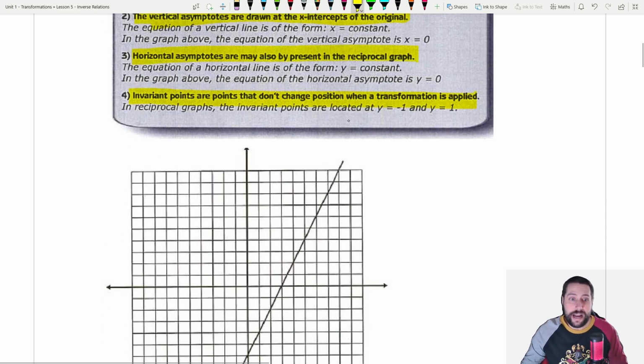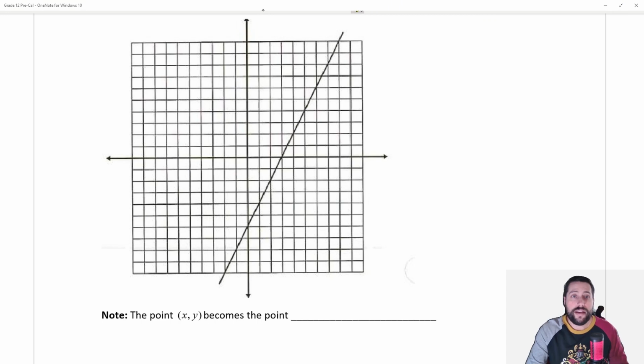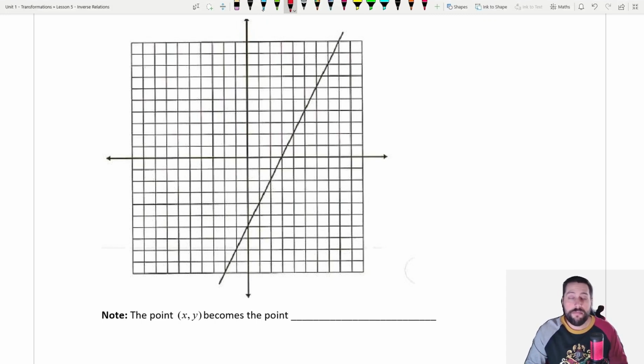So, for example, if we were to look at this particular graph, we can discover a few things. One of them being the vertical asymptote. So the vertical asymptote is going to be wherever it crosses the x-axis. So it's going to cross the x-axis here. So that is going to be our vertical asymptote.